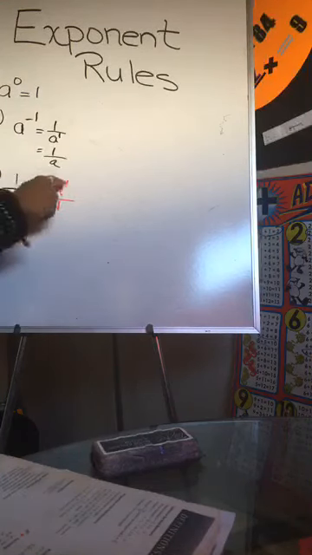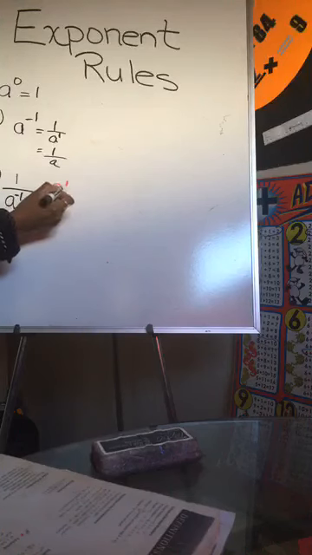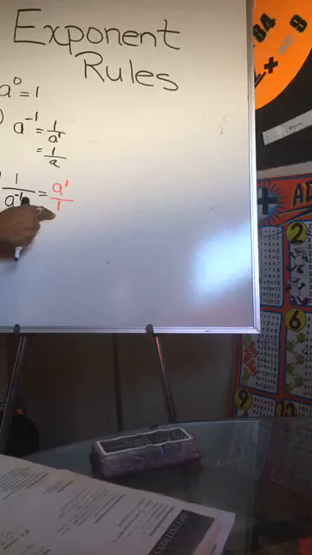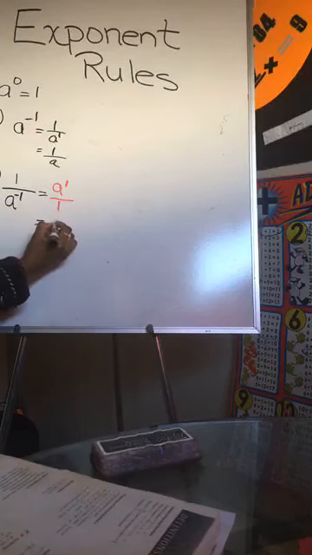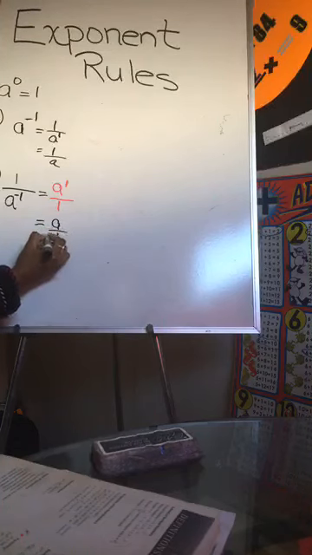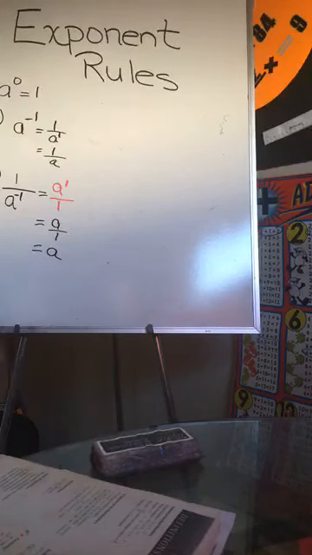All right? So it's understood in algebra that if we have 1, we can drop it, and also if it's divided over 1 or divided by 1, we can drop that 1 too. So it'll just be a over 1, which is just saying a. Okay? Because a raised to the first power is just itself. So this is our third rule.